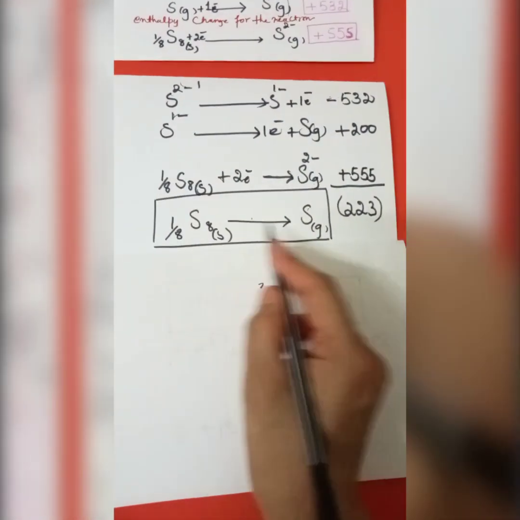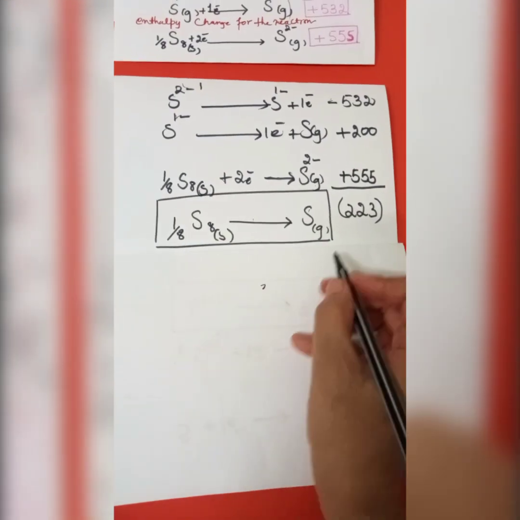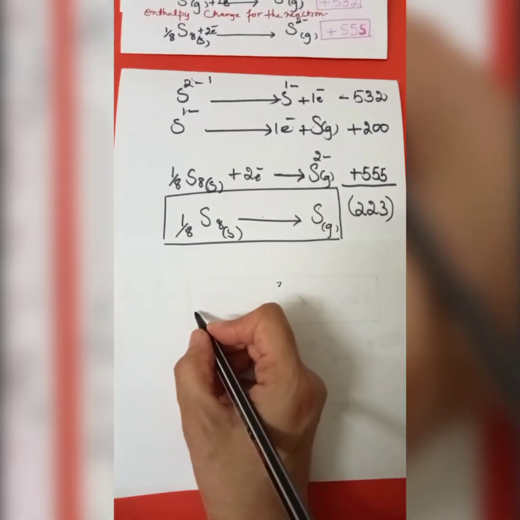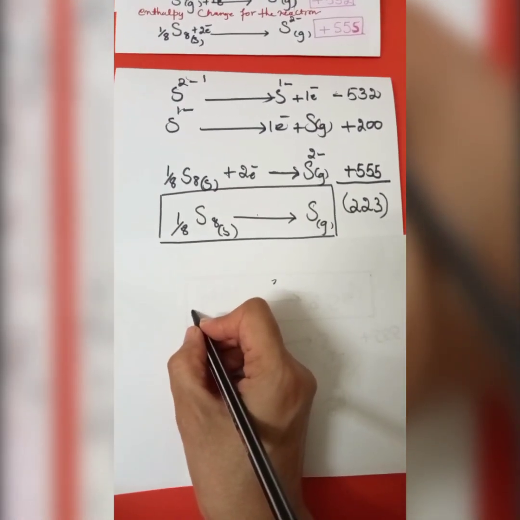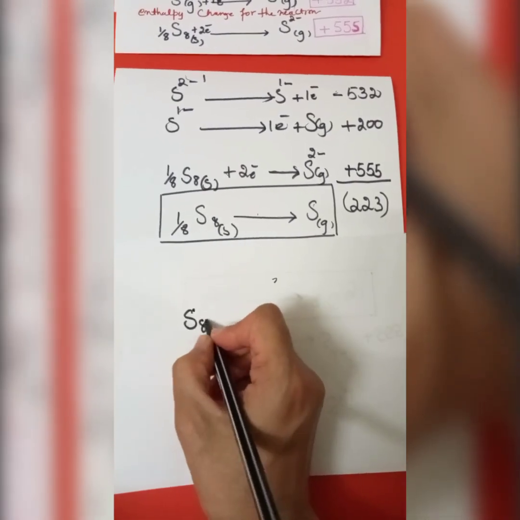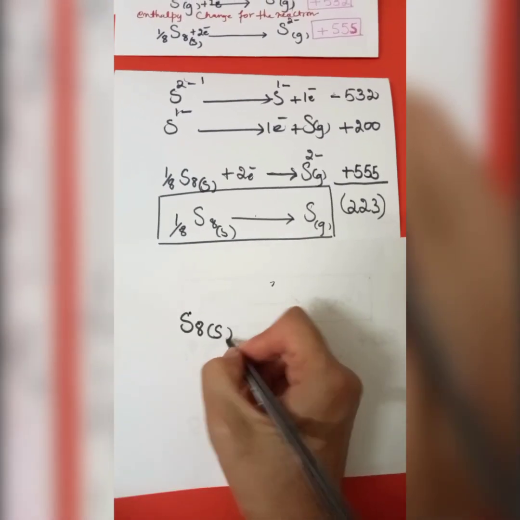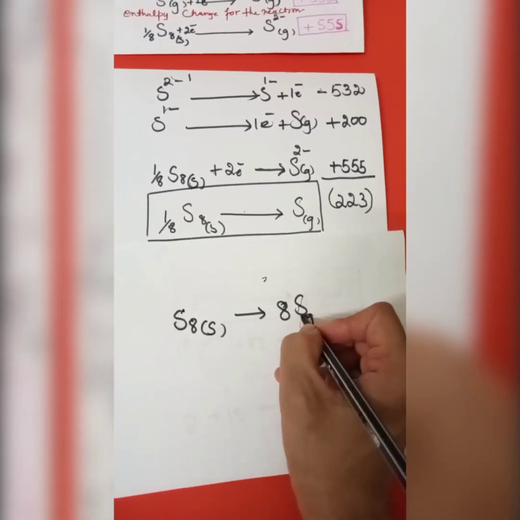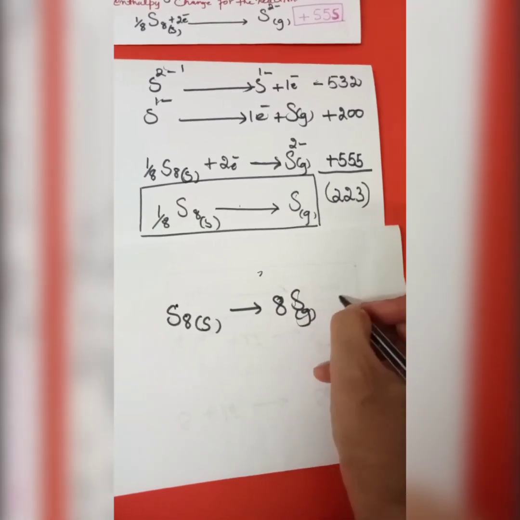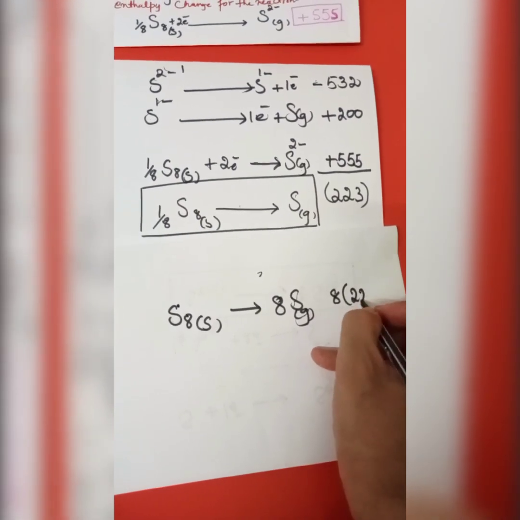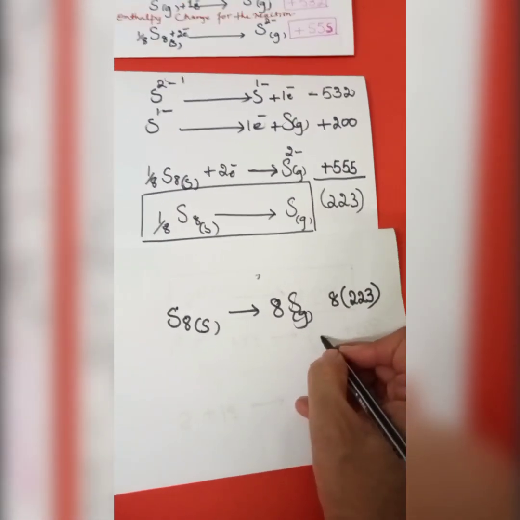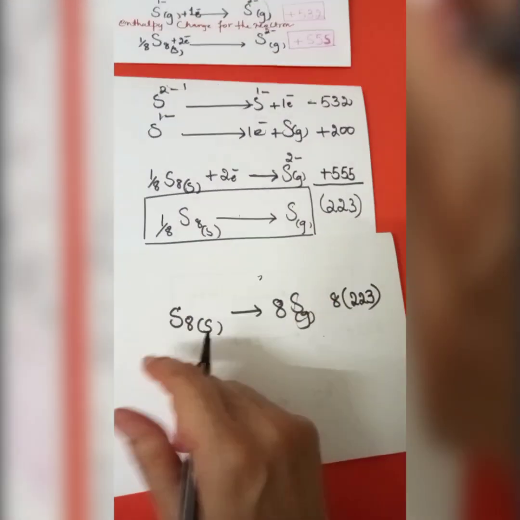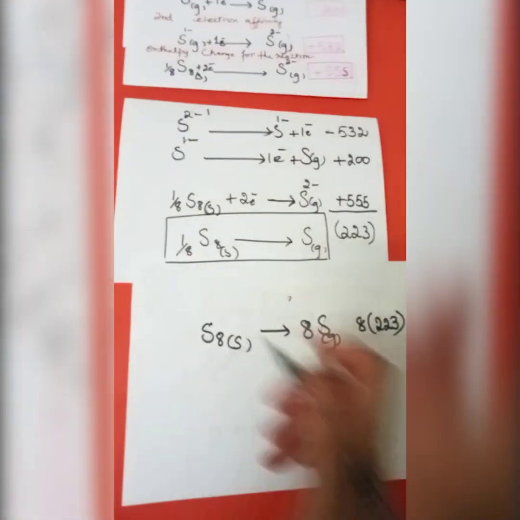So when you multiply your whole equation by 8, it becomes S8 solid goes to 8 sulfur gaseous, and 8 into 223, and your answer is 1784.